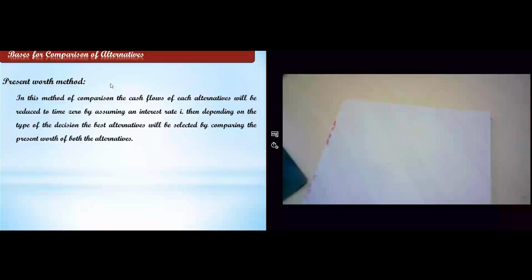Then depending upon the value, we will be selecting which is the best option among the alternatives. Now when we talk about the type, in the question we will be mentioning whether to use present worth or future worth, so that we don't have any problems.